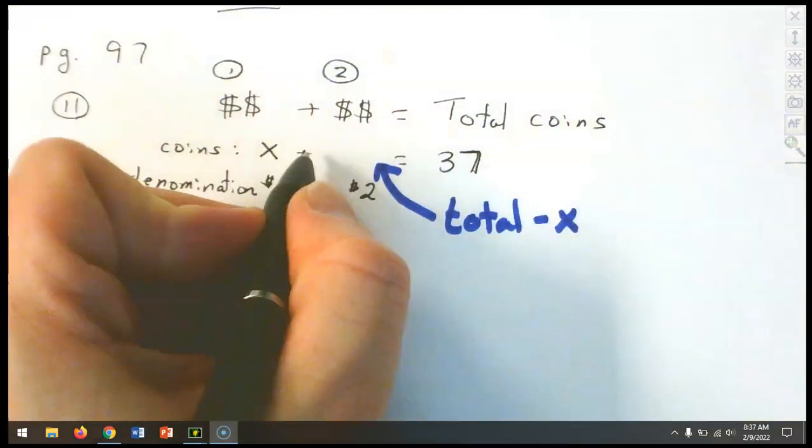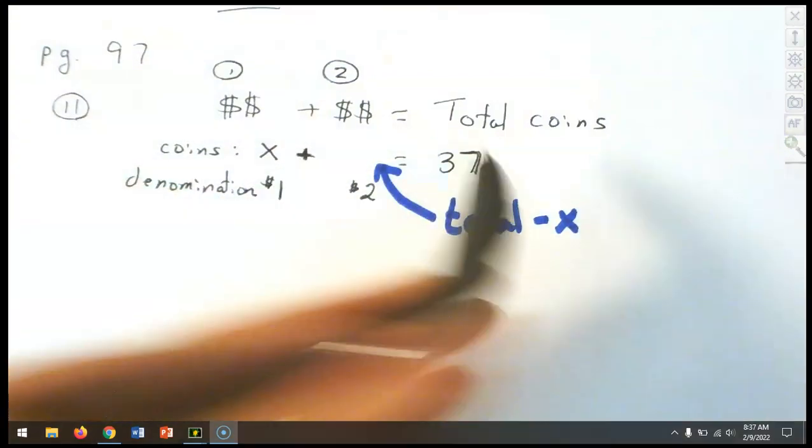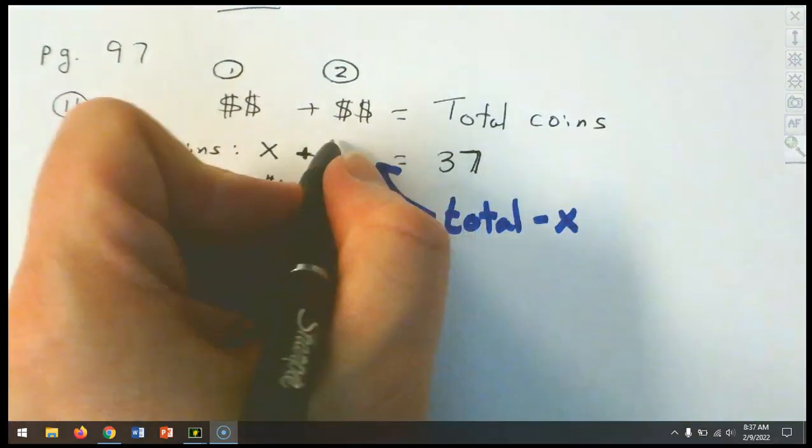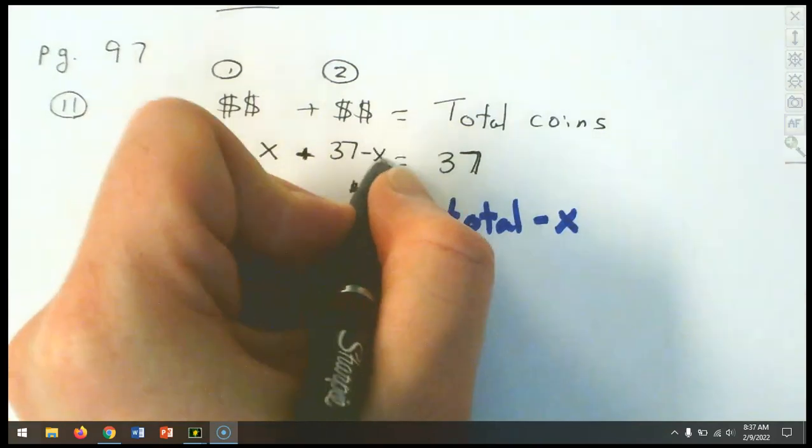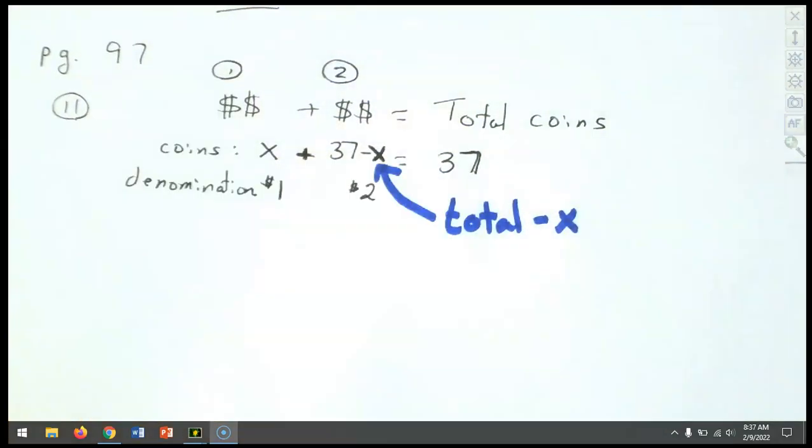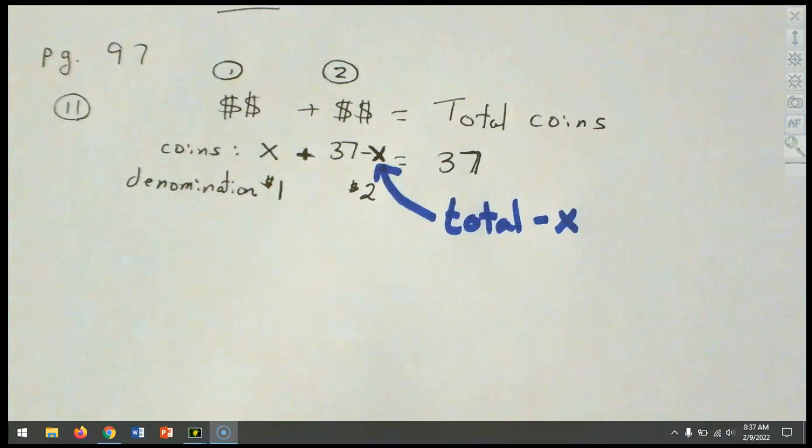Nope, that's the amount of the coins. That's how much they're worth. We have a total of what? Yep, 37 coins. So that's going to be 37 minus x. So we're not working with the 51 at all yet. Why not? Because the 51 is the cash value of these coins.